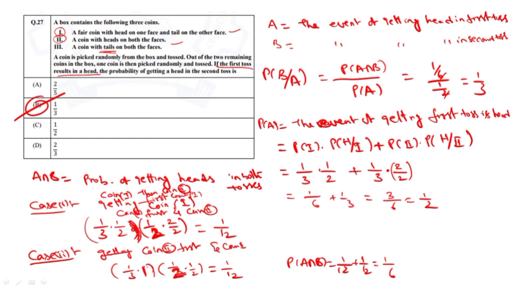So by the product of these two, we get 1 by 12. So A intersection B is both cases: 1 by 12 plus 1 by 12 is 2 by 12, which is 1 by 6. So A intersection B is 1 by 6, P of A is 1 by 2. So finally we get 1 by 3. That is the answer.